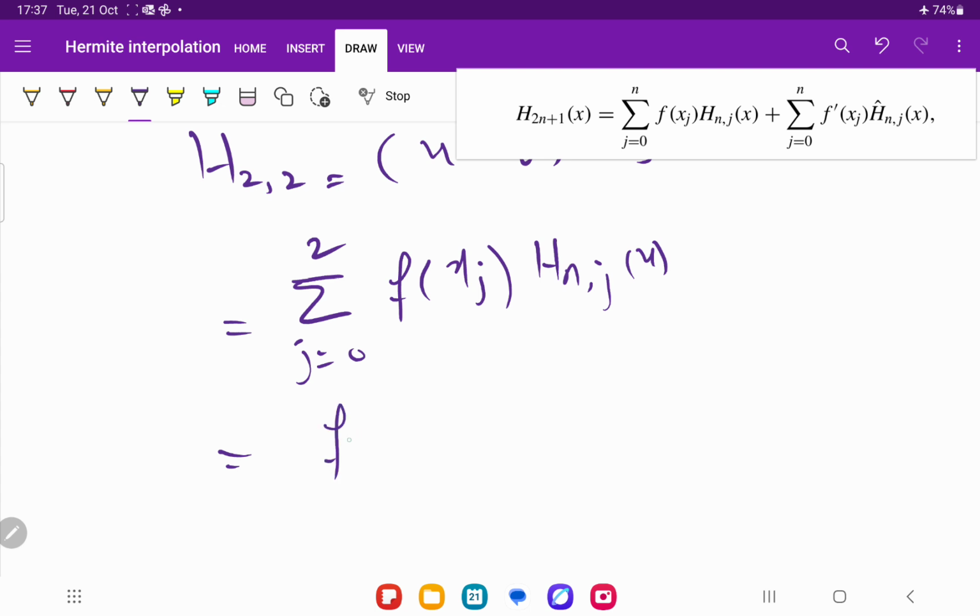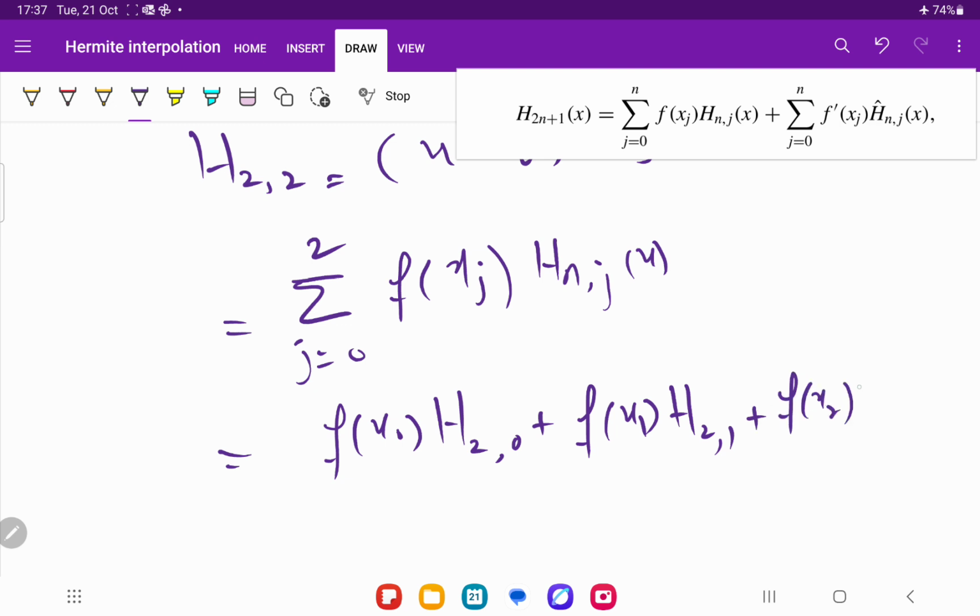So f of x naught h2 0 plus f of x1 h2 1 plus f of x2 h2 2. So this first part can be expanded this way because of the summation sign, over 3 points.